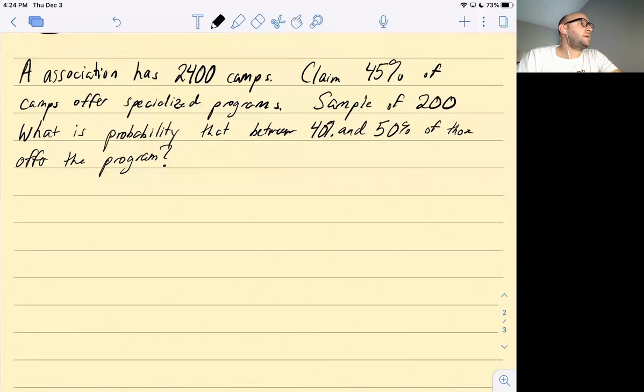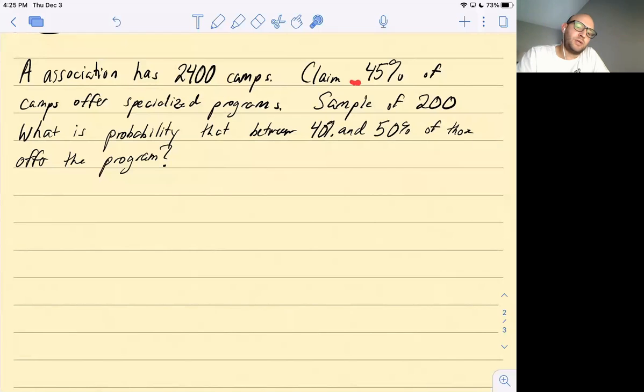And these problems are just a little bit tricky because we're talking about the distribution of a proportion or percentage. So you don't want to confuse the percentage, which is like our X value and also happens to be a probability, with the probability of an actual event of the sampling distribution.